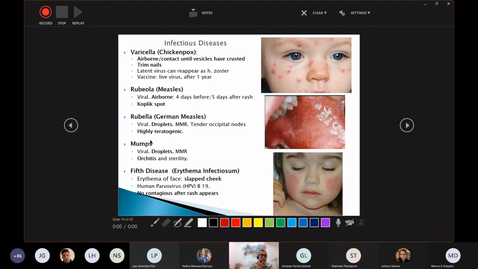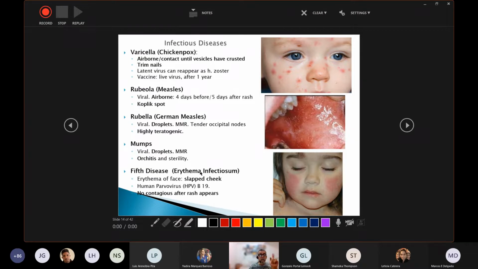After week 20, it is not producing any malformation in the fetus, okay? So the problem of rubella is in the first half of the pregnancy, in early pregnancy. It is tested in NCLEX. We commented on that in OB.